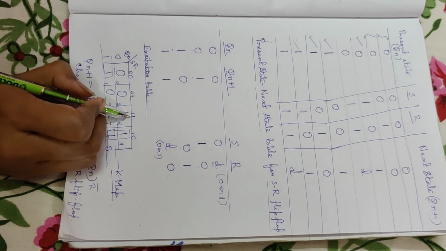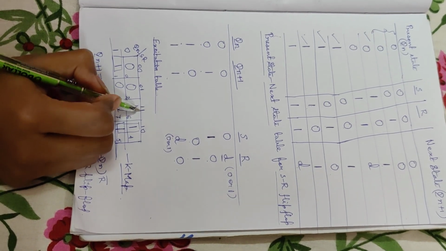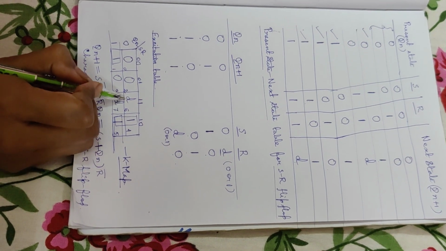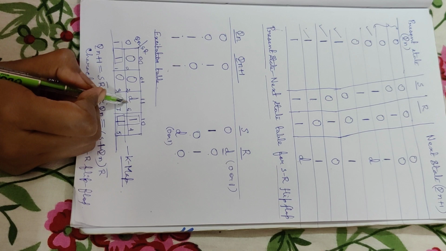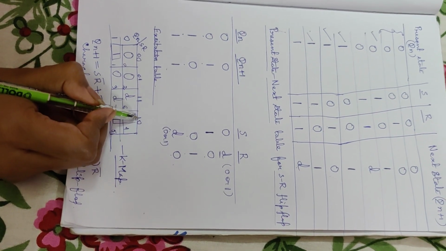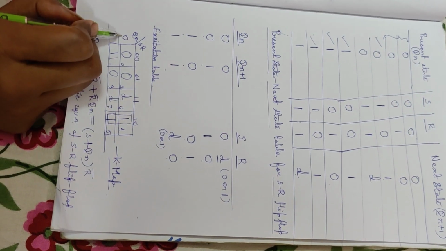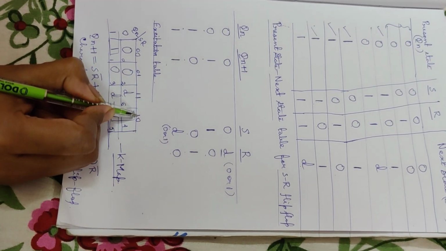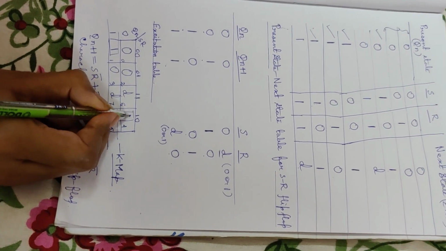We know that when both inputs are 1, this is the forbidden case or don't care case. So we are putting the value of next state output as D. Now coming to the case where S equal to 1, R equal to 0 and present state output is 0. If S equal to 1, that means the next state output will be set. So next state output will be 1 here.